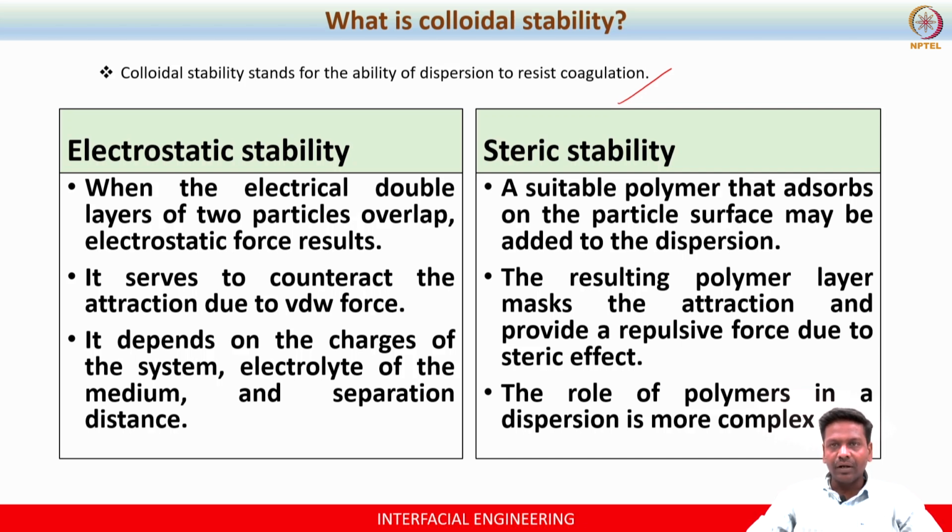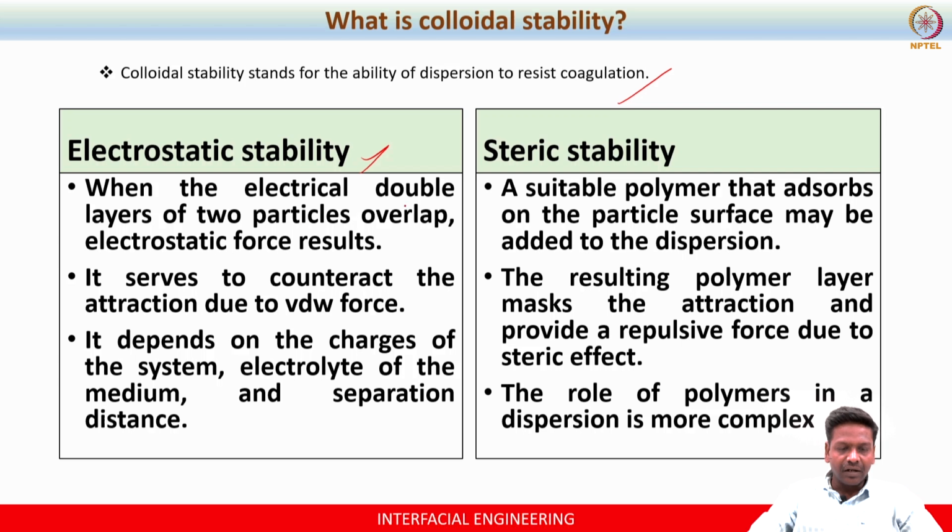So we want to avoid such aggregation by means of some counteracting force, right? So one such force is the electrostatic repulsive force, right? This electrostatic repulsive force will help achieve the required stability, right? So it can overcome the aggregation, which is caused due to the van der Waals force of attraction.